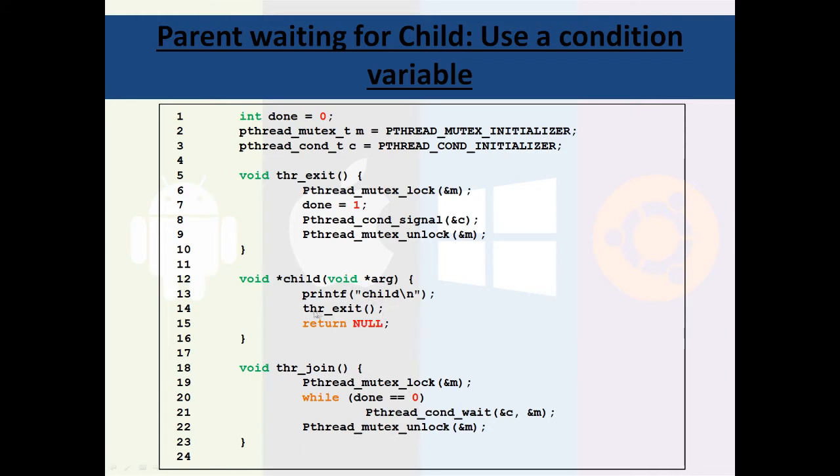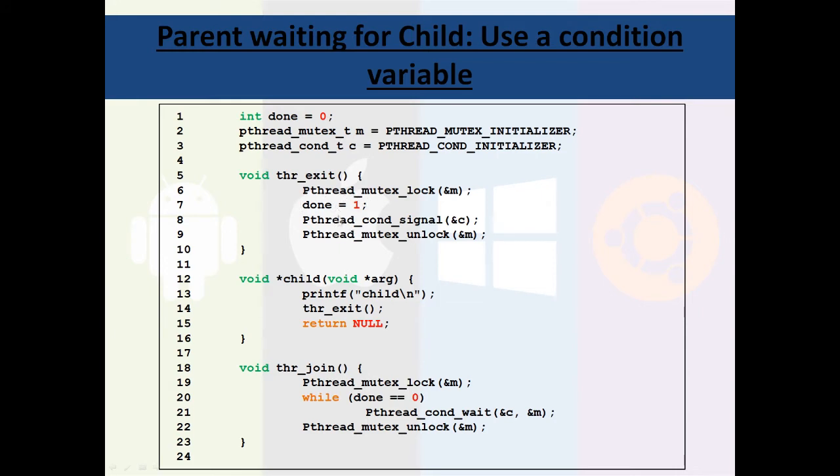Instead of updating the done variable, it calls thread exit. Inside thread exit, the function that we declared here, we do the updates to done. Now this has quite a few additional components. It has a lock so that it does this in a mutually exclusive zone.